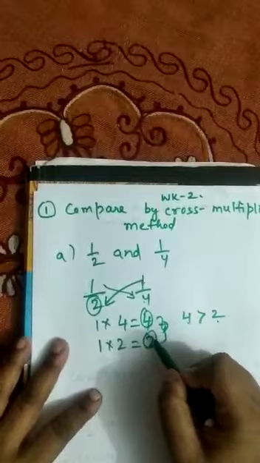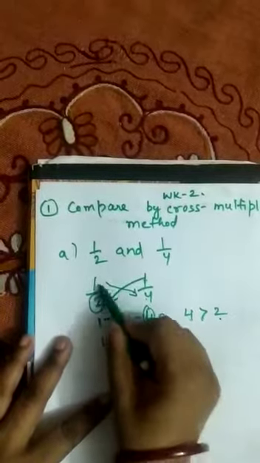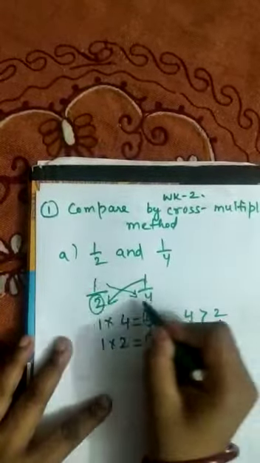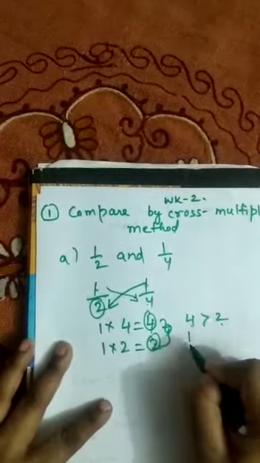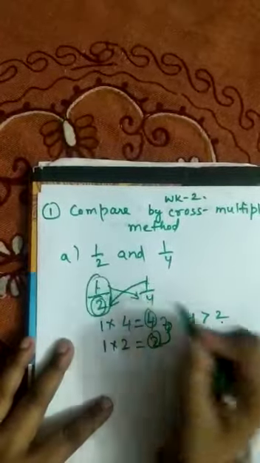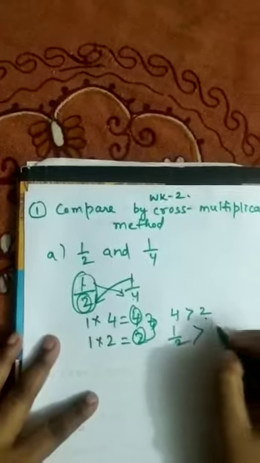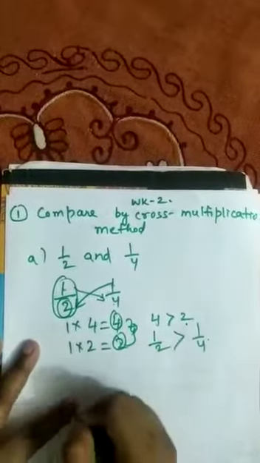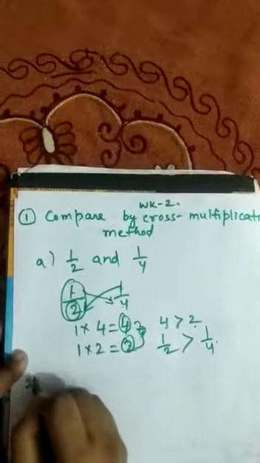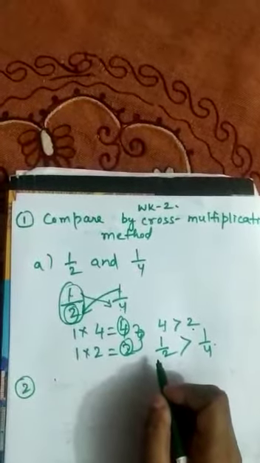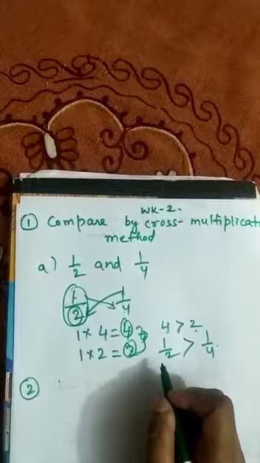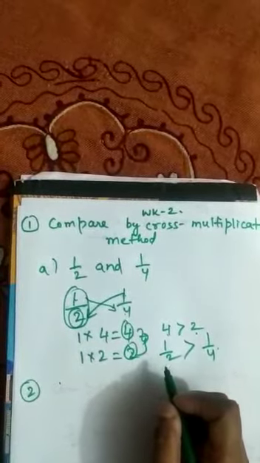So this I will write down: 1 by 2. So this fraction 1 by 2 is more than 1 by 4, right? Now come to question number 2. Similarly you will have to do all the questions A, B, C, D, E, F, right?